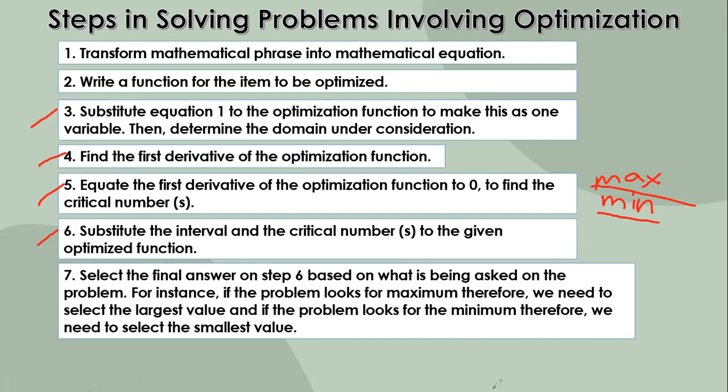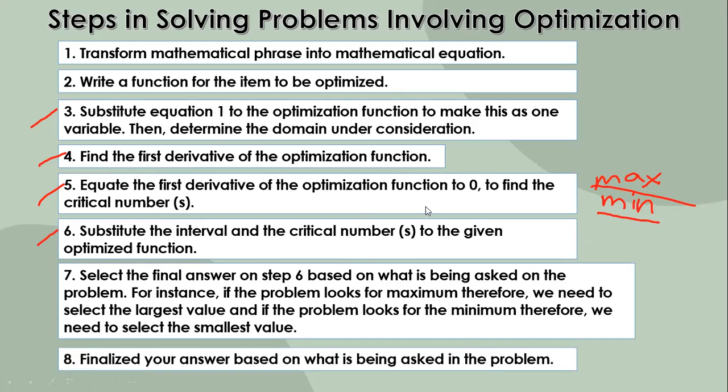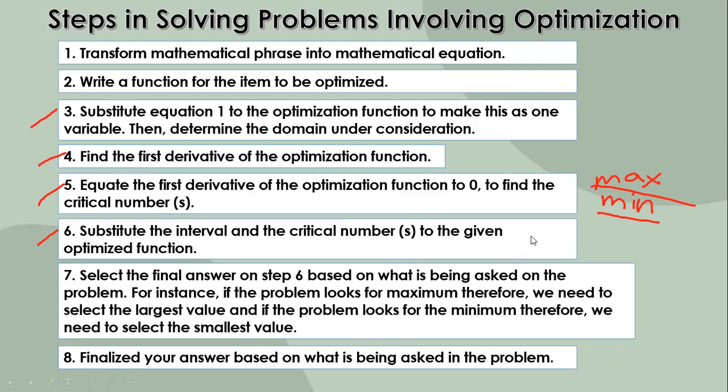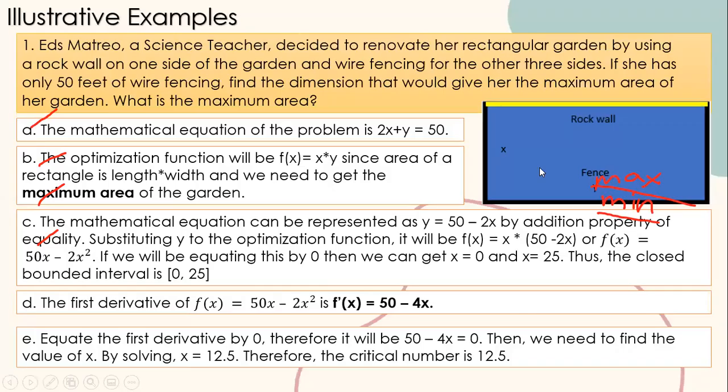And if the problem looks for the minimum, therefore we need to select the smallest value. All right? So now, for the last step, finalize your answer based on what is being asked in the problem. Okay, let's have the first example.